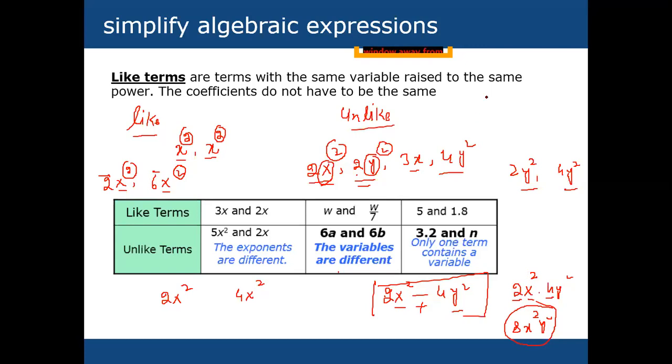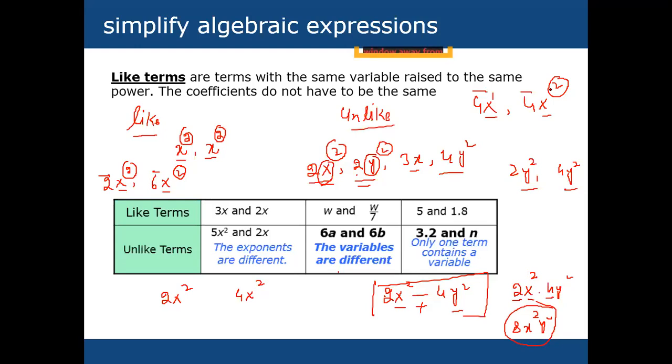For example, 4x and 4x square: the variable is the same, x, and the coefficient is 4 in both, although their powers are not the same, 4x power 1 and 4x power 2. So these are called unlike terms.